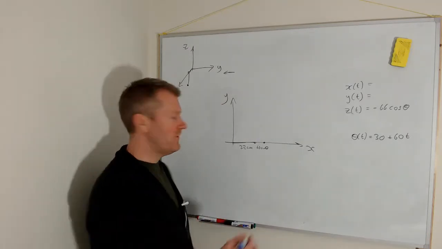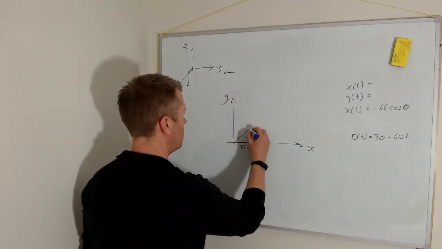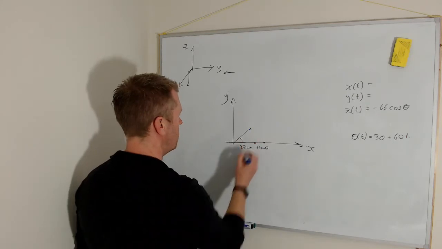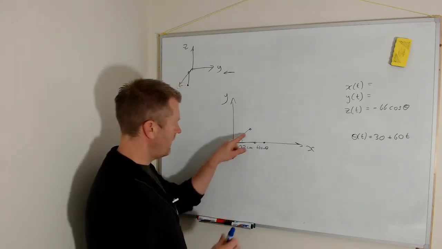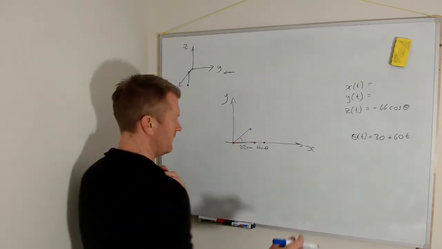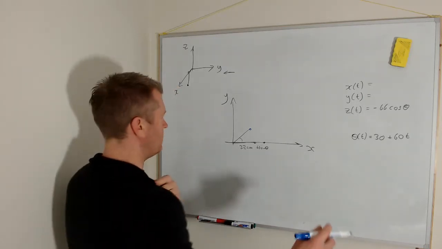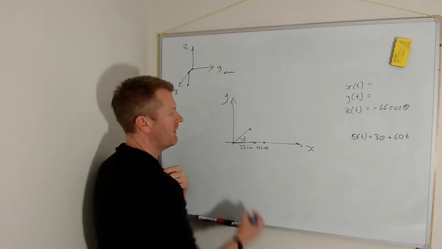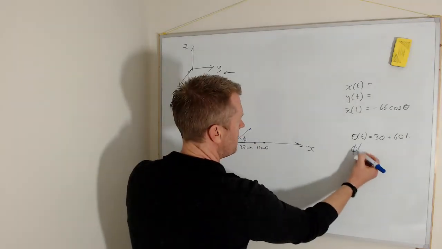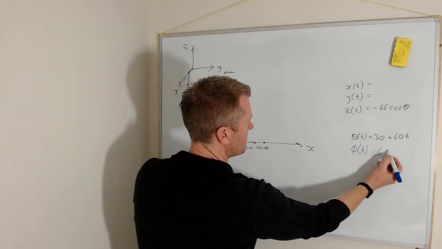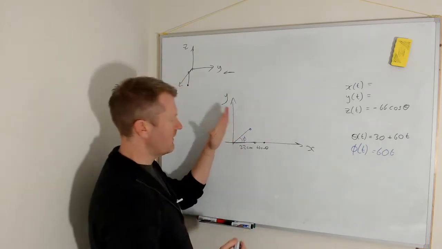So at some point in the future, Will's shoulder would have rotated some angle. His torso would have rotated. It goes from about 0 to 60 degrees. We'll call this angle phi, and we can say phi of t is equal to 60t. It starts off at 0 and ends up about 60.